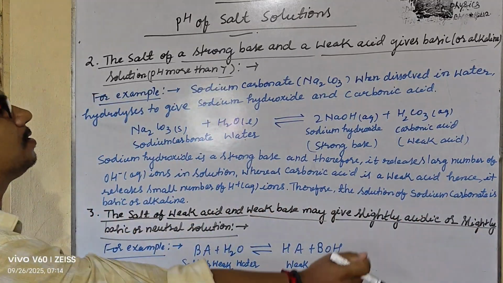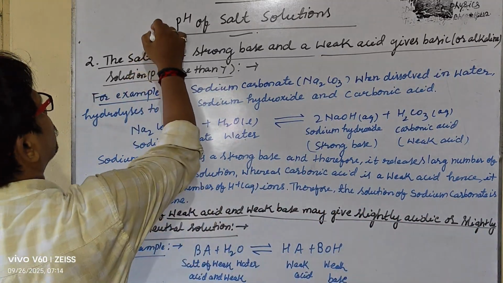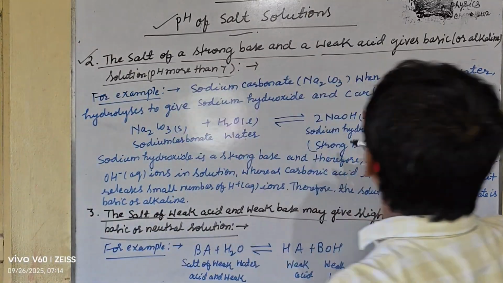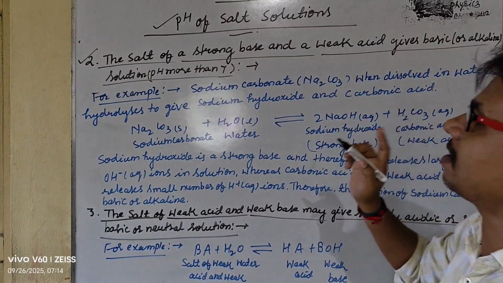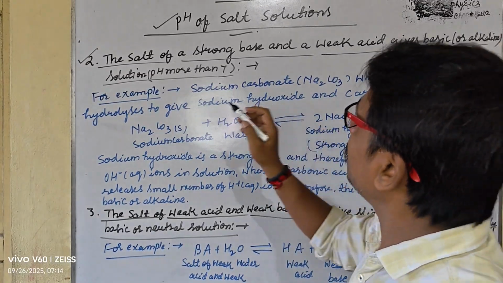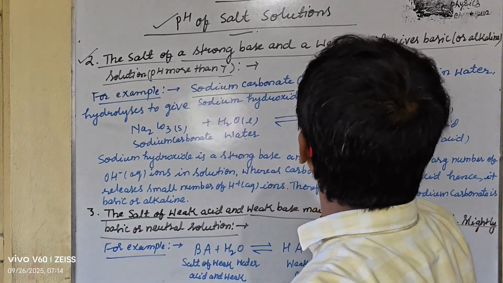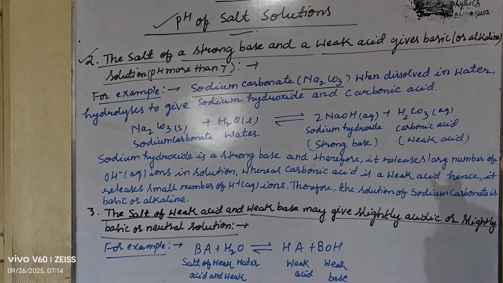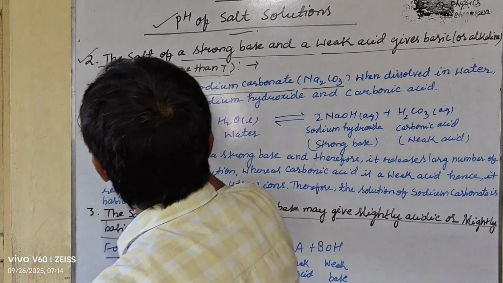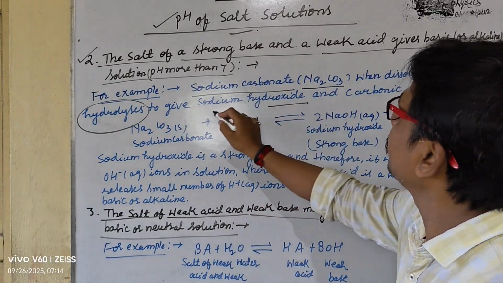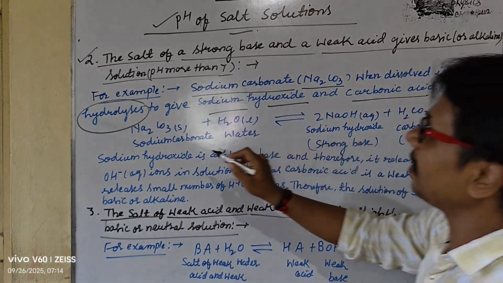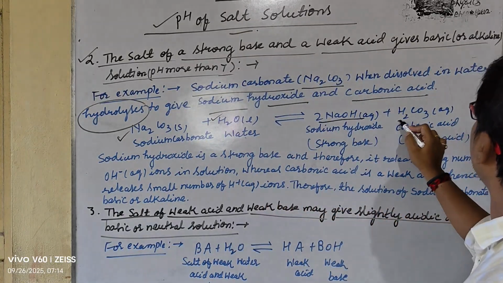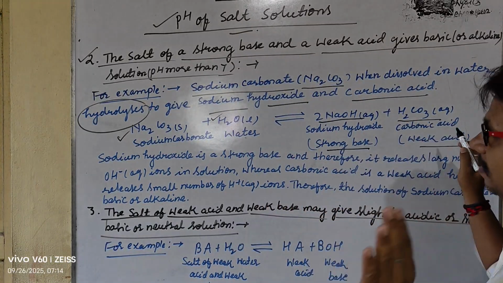Today I am going to continue the topic pH of salt solution. Second one is the salt of a strong base and a weak acid gives basic or alkaline solution, pH more than 7. For example, sodium carbonate, Na2CO3, when dissolved in water, hydrolyzes to give sodium hydroxide and carbonic acid, so there is a strong base and a weak acid.